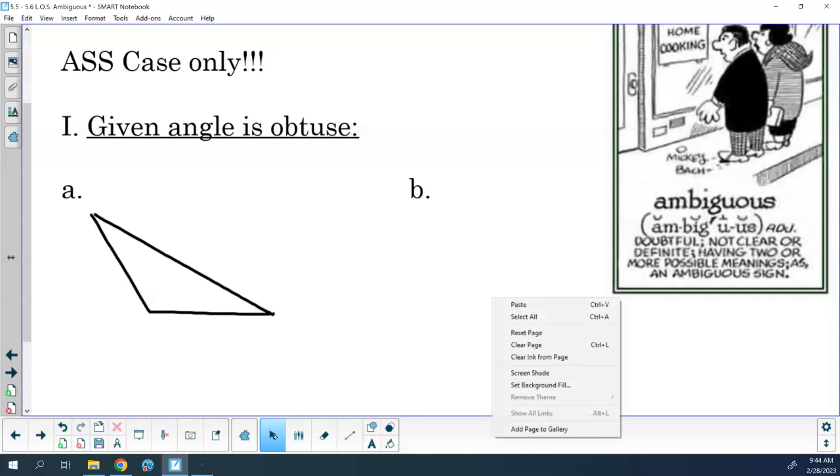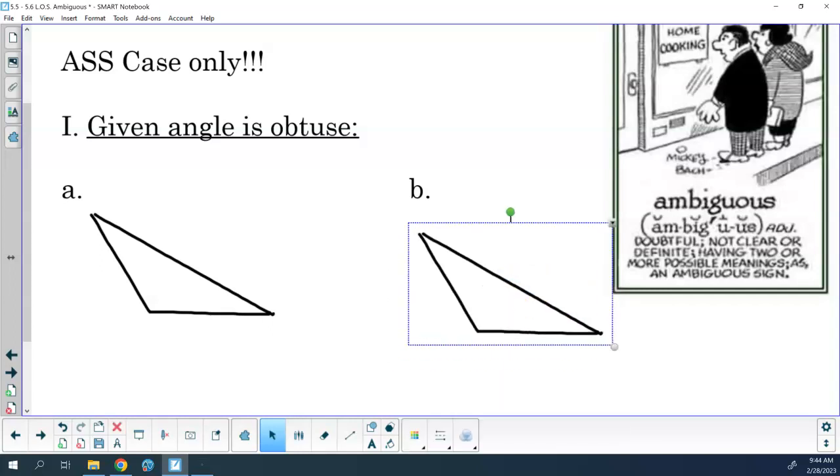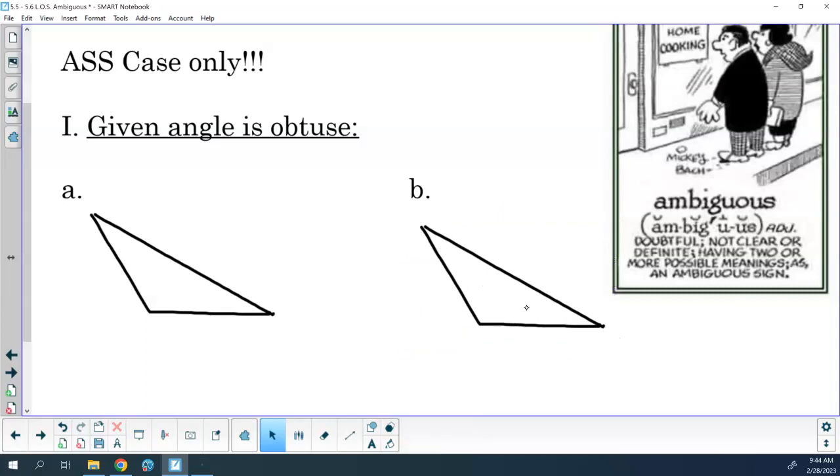If you are given here angle A, so there's my angle, and then you're given two sides. So here would be a side, and here would be a side. It can't be these two sides, because then you're in a side angle side case. So it has to look like that.